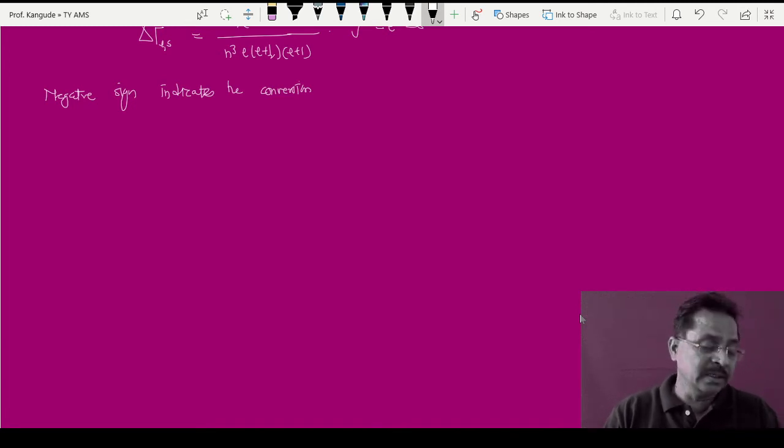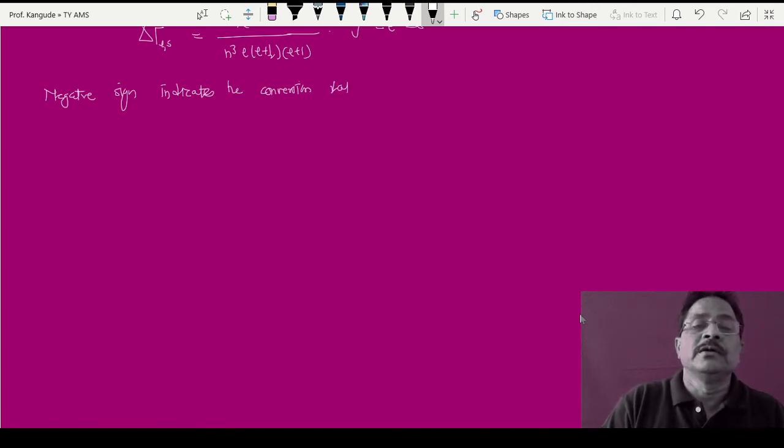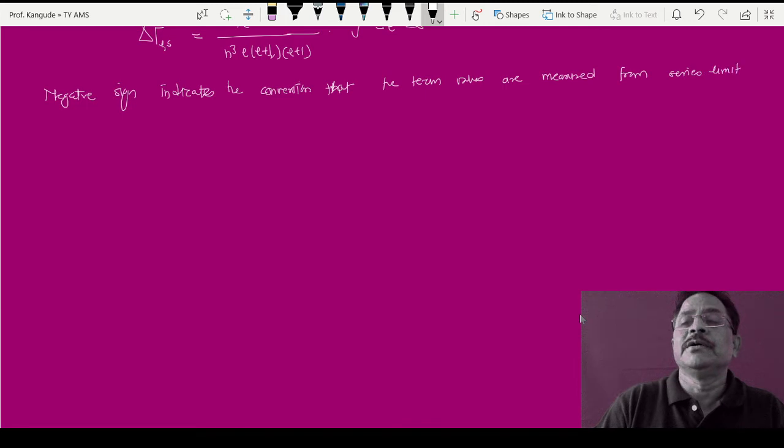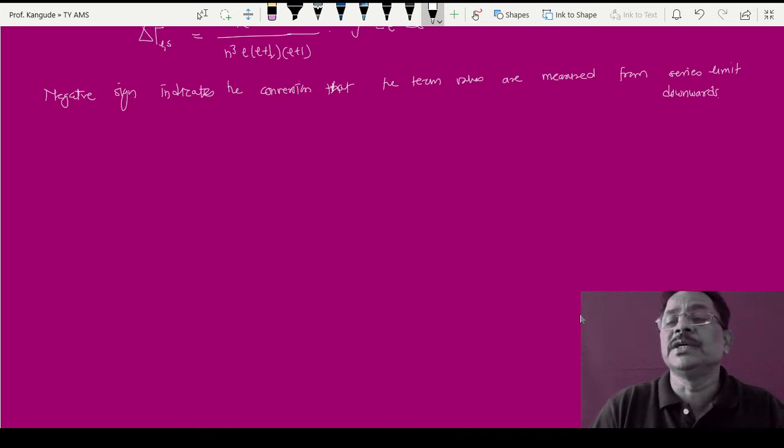So the negative sign indicates the convention that the term values are measured from the series limit downwards.